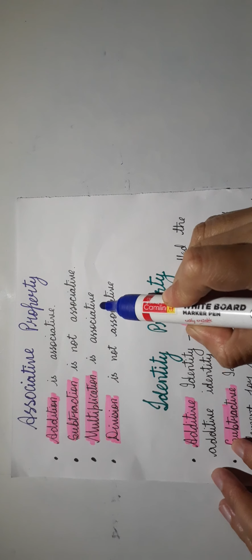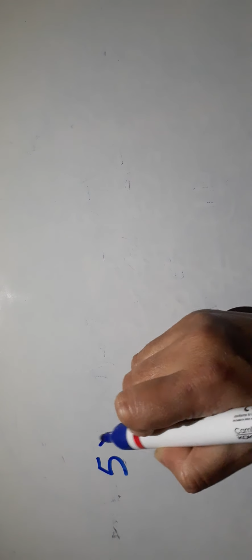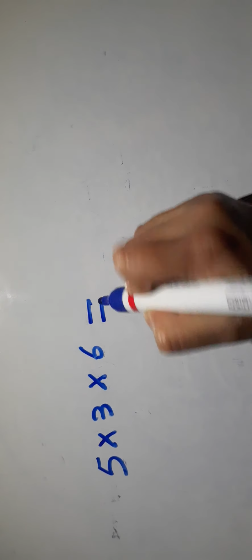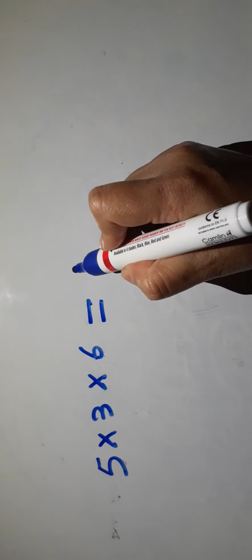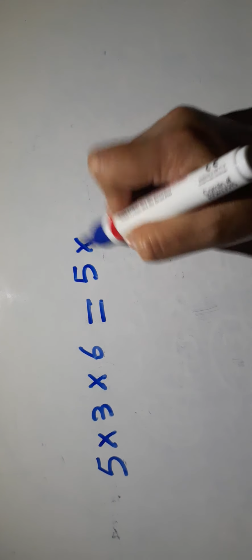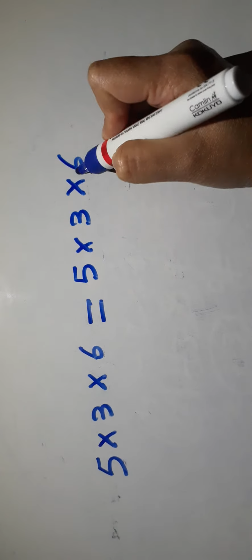Multiplication is associative. Now let's see. Let us take 3 whole numbers here. 5 multiply 3 multiply 6. Again, I'll just put the equal sign. Let us find out whether equal or not, left and right hand side. 5 multiply 3 multiply 6.